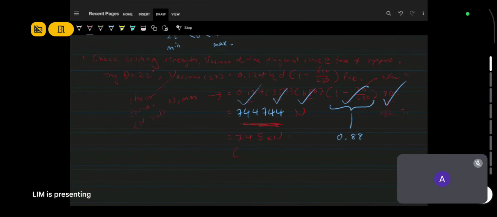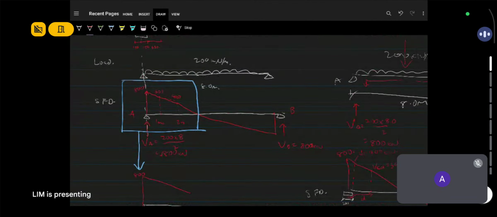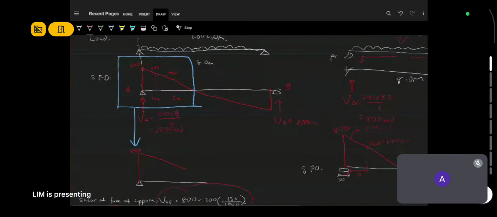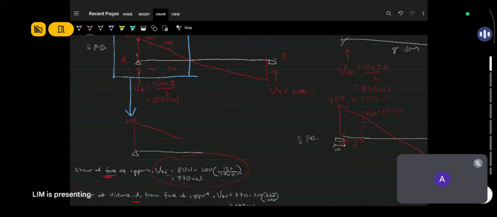VEF, how much? We calculated earlier how much? Yeah, 770, not 700, 770.